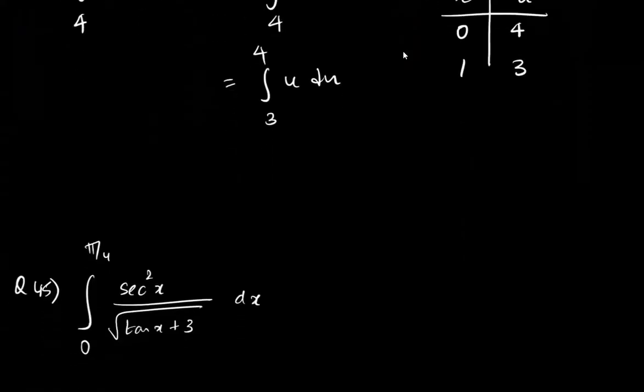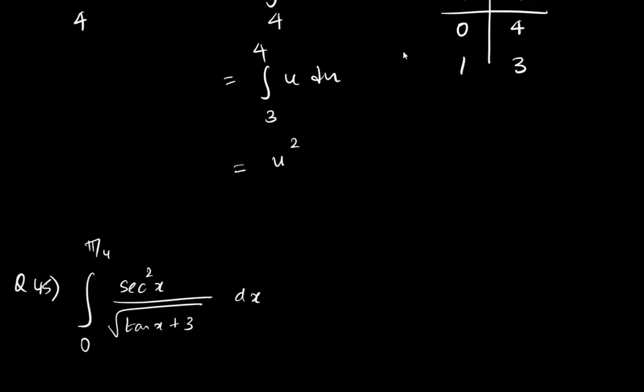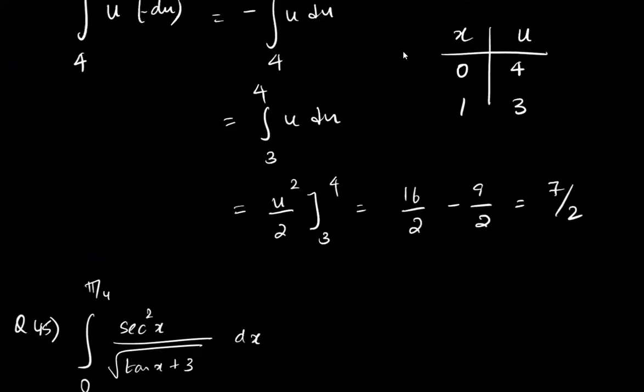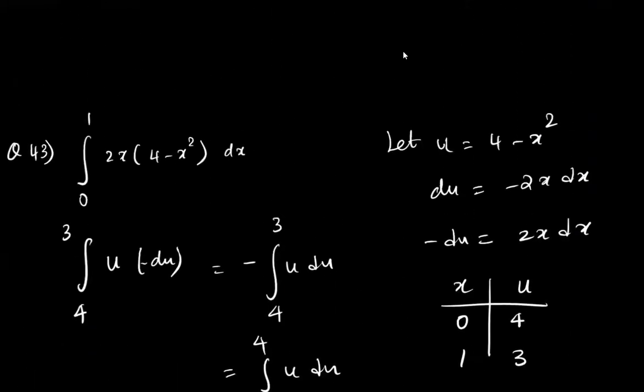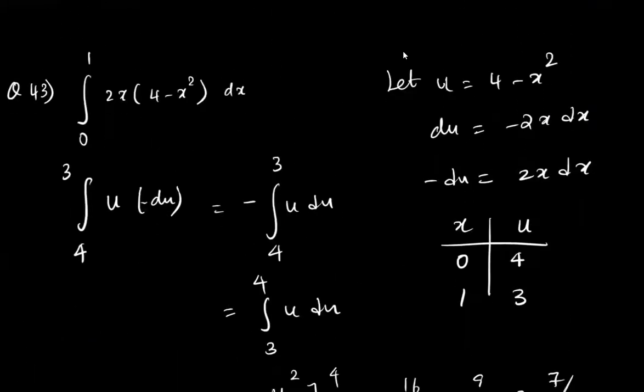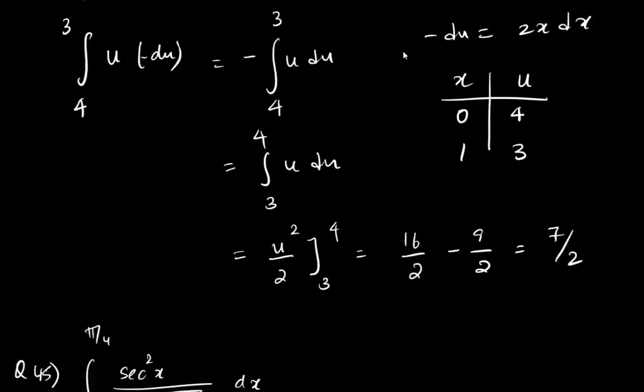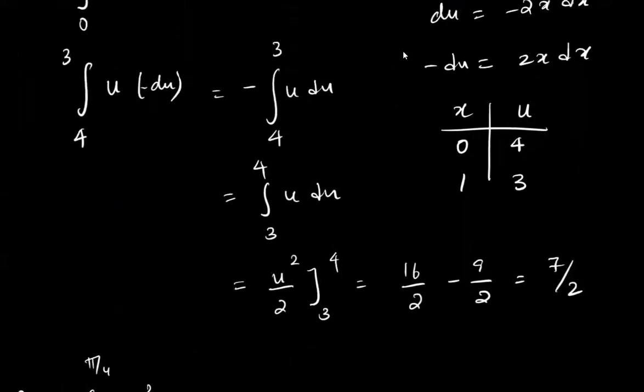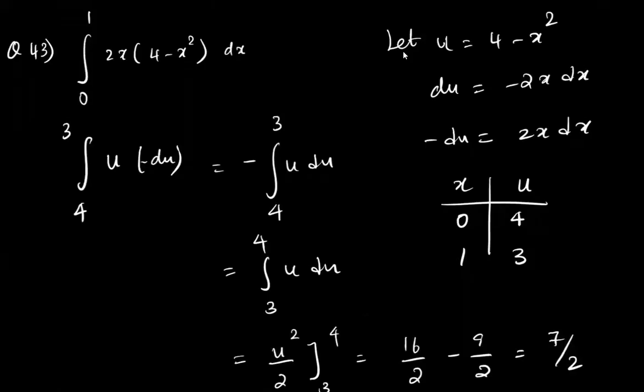So then I take this, I have u squared over 2, 3 to 4, which is 16 over 2 minus 9 over 2, right? Just 7/2. Okay. We could have done this problem without substitution also, but we did the substitution, so it's fine.